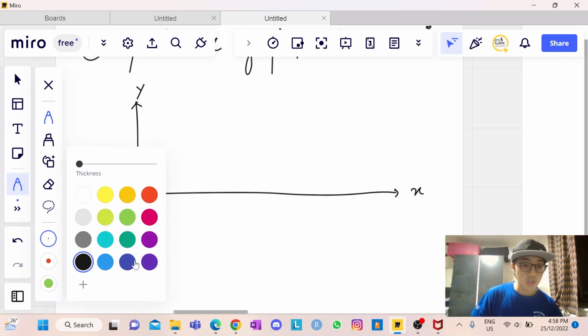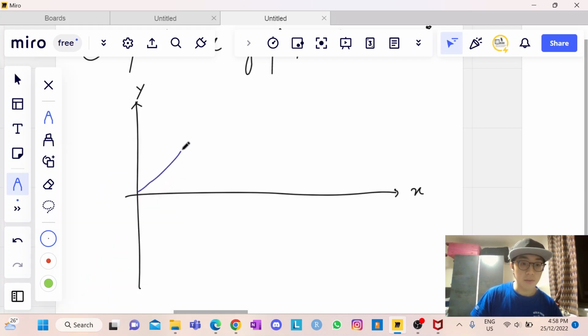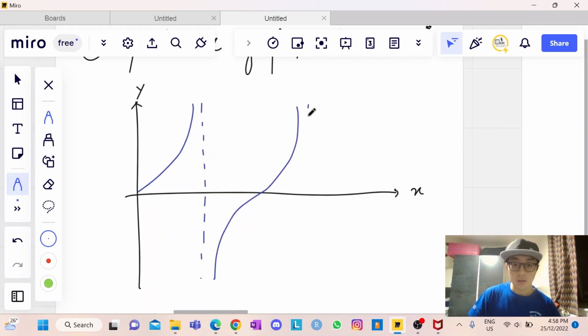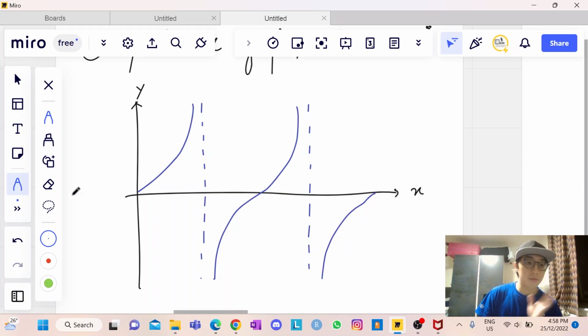So the tangent graph will look something like this. And then there's an asymptote, and it goes something like this, another asymptote, and goes up like this. So this is the tangent graph.